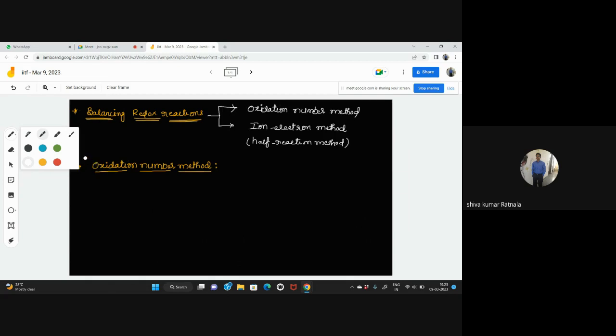Oxidation number method: first, we have to follow certain steps. Let me write them step-wise.